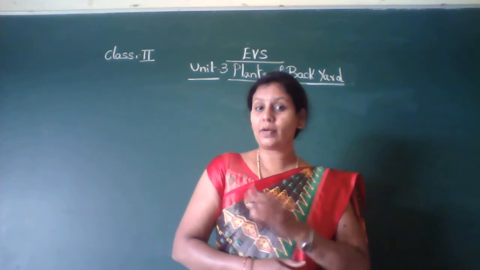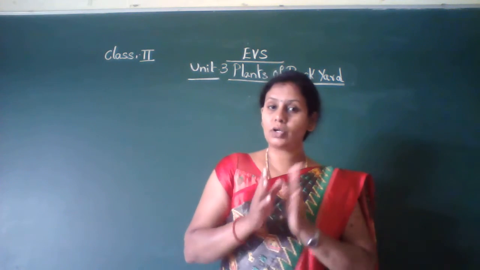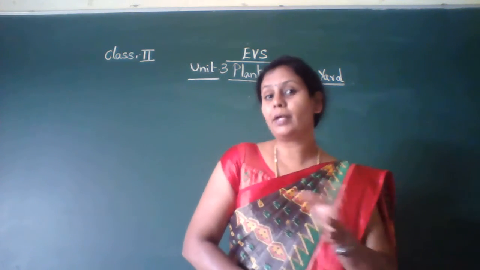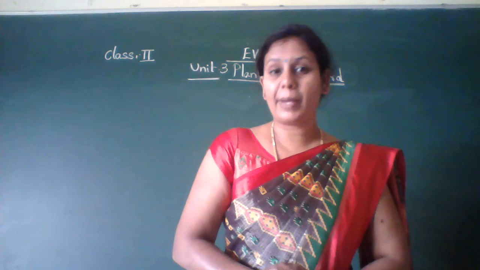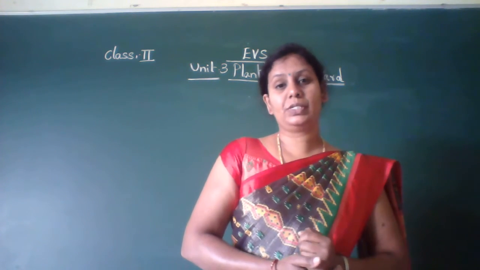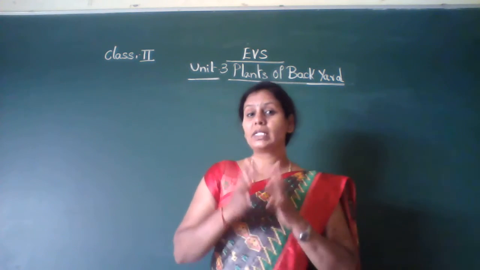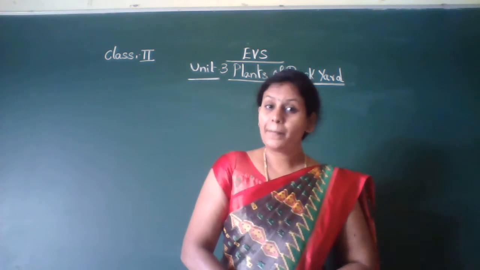Why? For love and affection, to pet them also. Such animals are called pet animals, like rabbit, pigeon, parrot, kitten, puppy, tortoise, fish. We rear these animals for love and as pets.